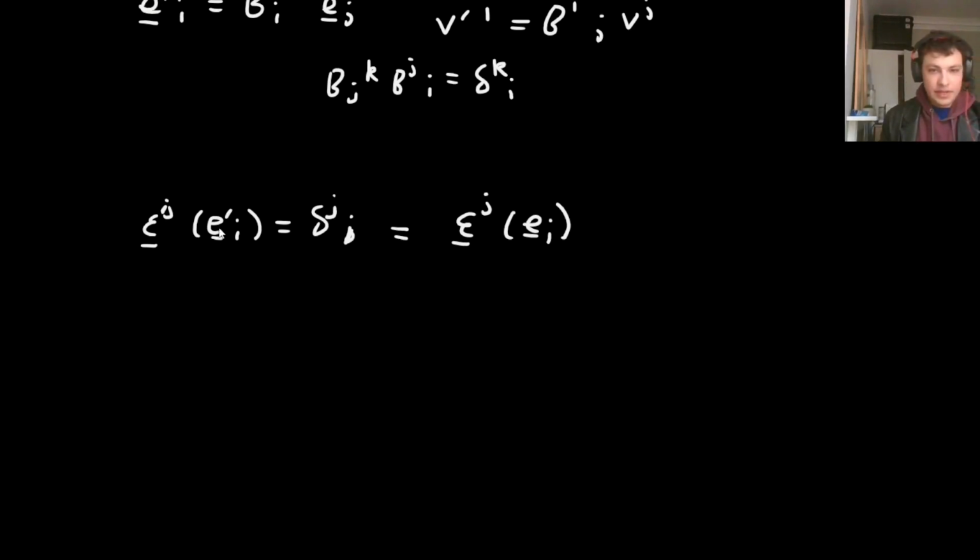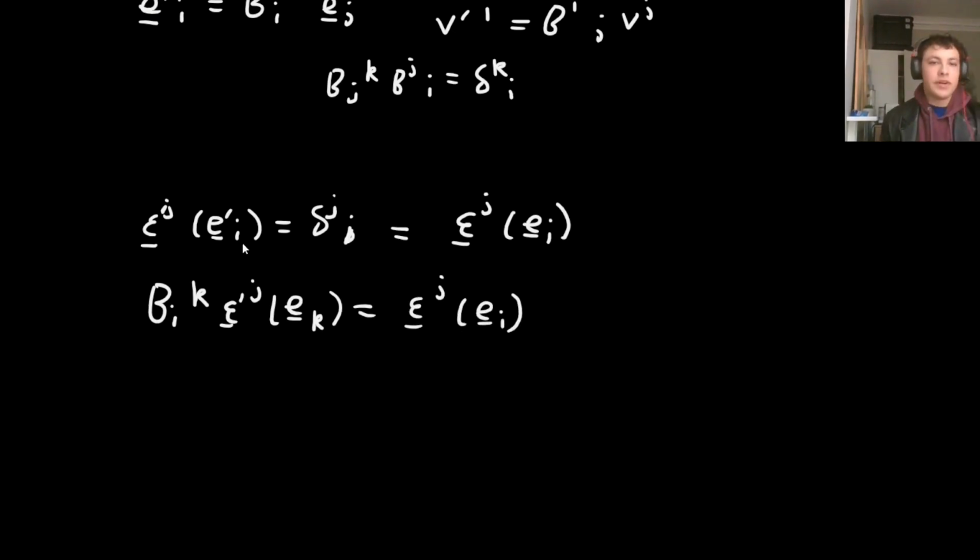So what we're going to do is expand this out, and we get b_ik epsilon'^j e_k is epsilon^j e_i. So what we've done is we've expanded this out into the old basis vectors, and then we just pulled the coefficients out because these are linear maps. What are we doing next?